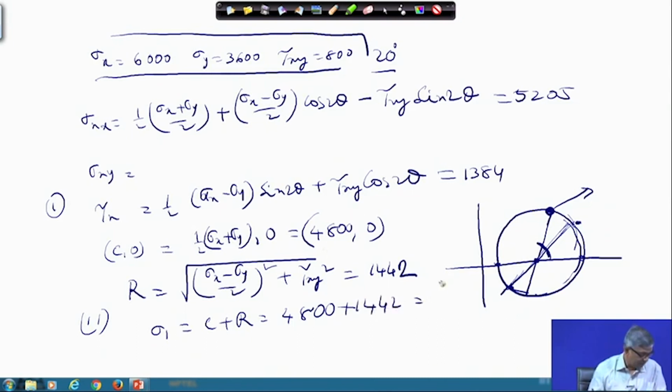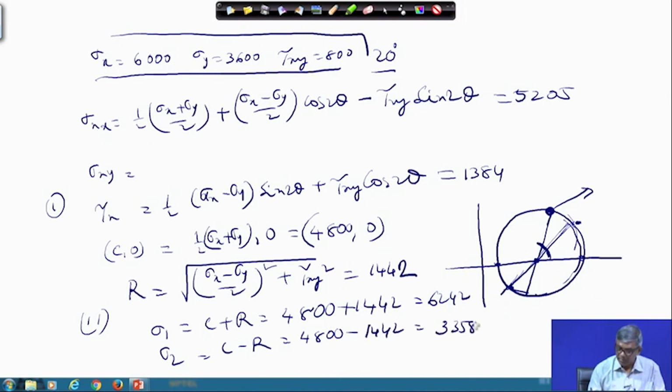So, that becomes 6242, and sigma 2 will be equal to C minus R, that is 4800 minus 1442, that means it is becoming 3358.